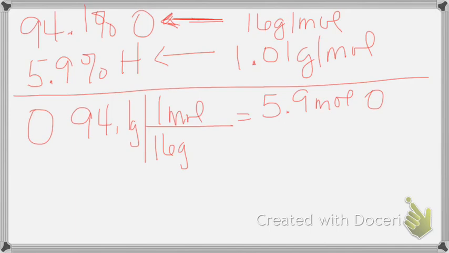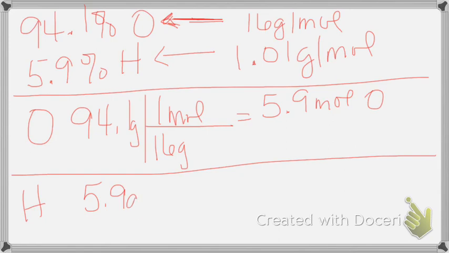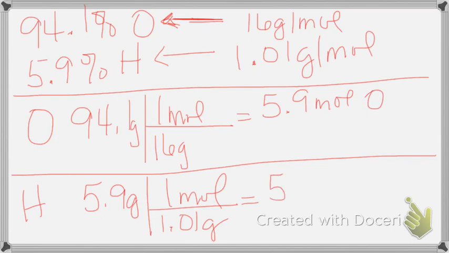If we look at hydrogen, 5.9 grams, 1.01 grams for every 1 mole equals, and if you'll calculate that out, you're going to get something very similar actually. 1.84 is what I got, moles of hydrogen.